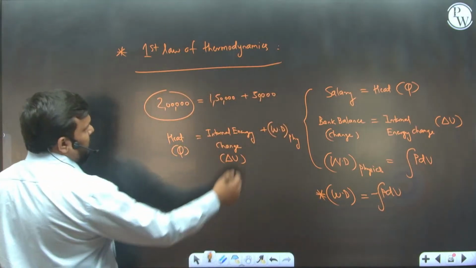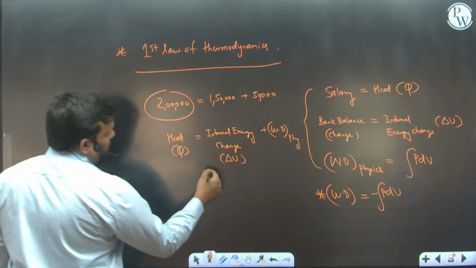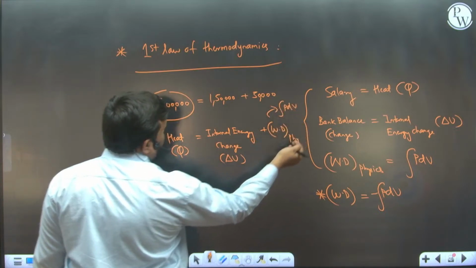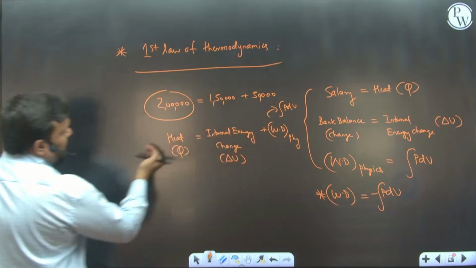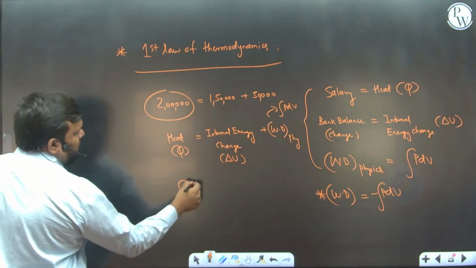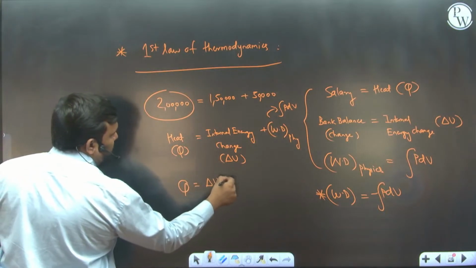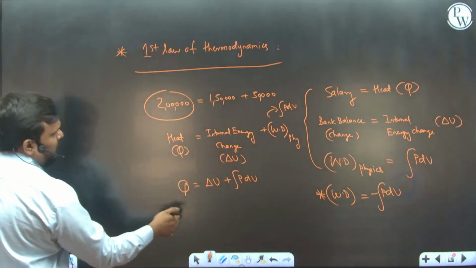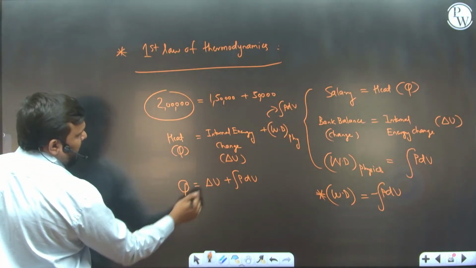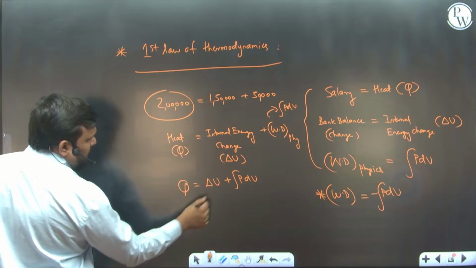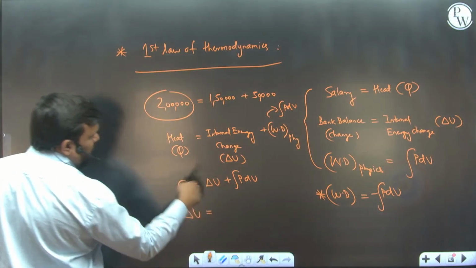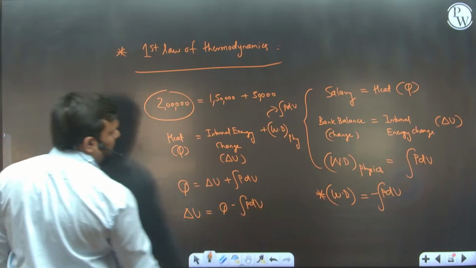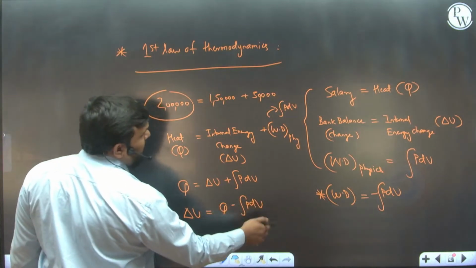So what will happen if I put over here this value as integral PdV, this will come to this side. Q is equal to delta U plus integral PdV. I am taking this integral PdV to this side, or you can say I am having delta U this side and all these things that side: Q minus integral PdV. And this is nothing but the work done for chemistry.